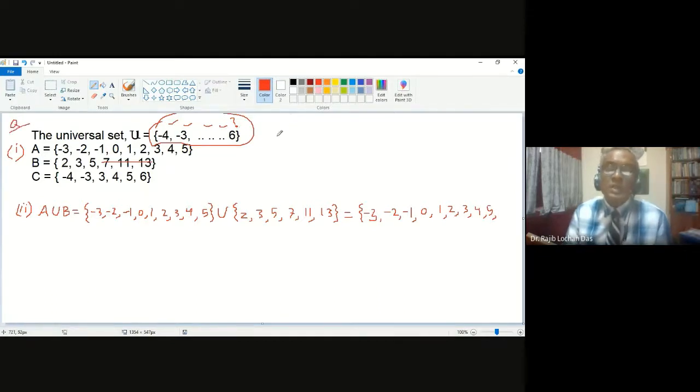But in another question, maybe question number 2, we will have a different universal set. The universal set is the mother set, and it will include everything in the situation, but it is not the same every time. You understand my point?